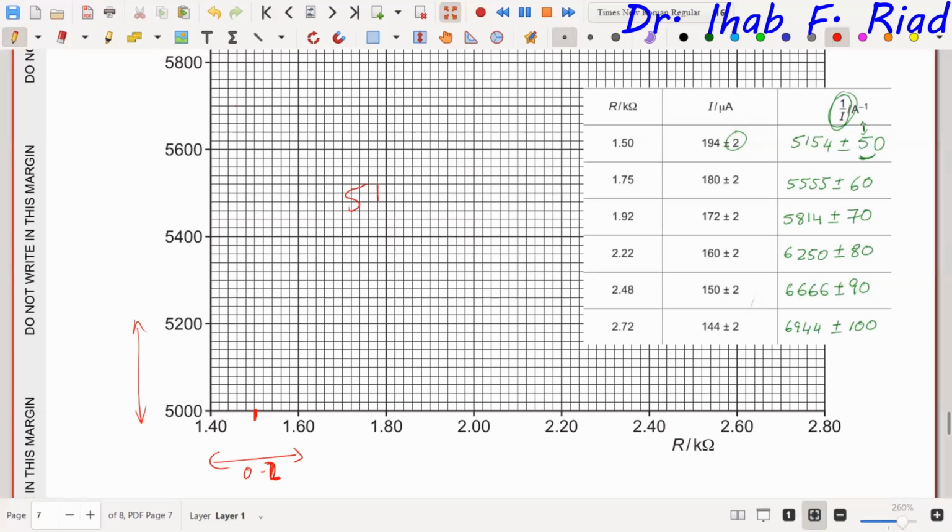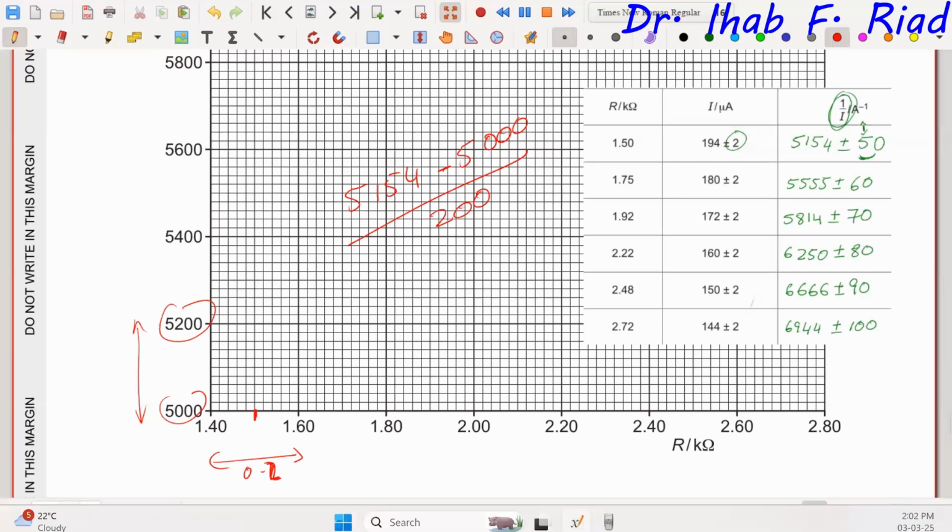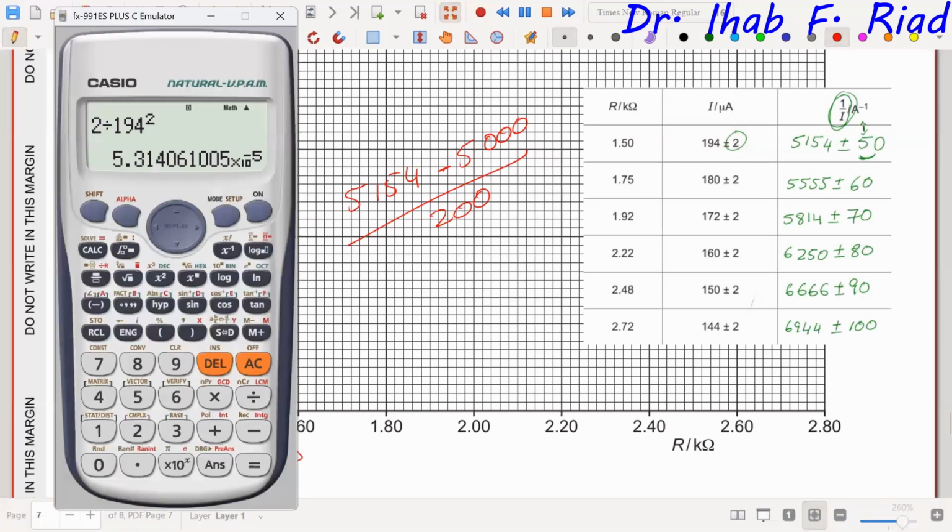So 5154 minus 5,000, divided by 200, is 0.7, between 0.7 and 0.8.